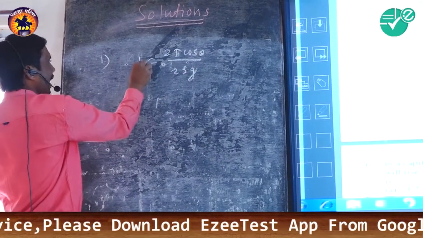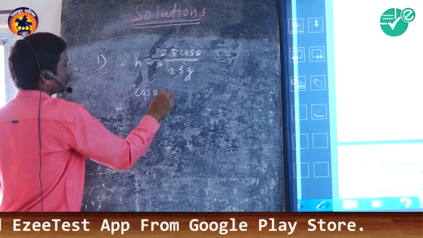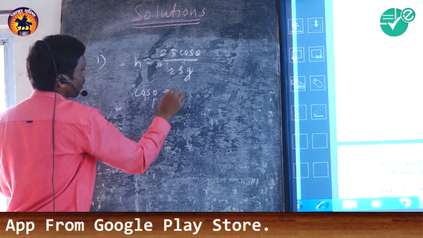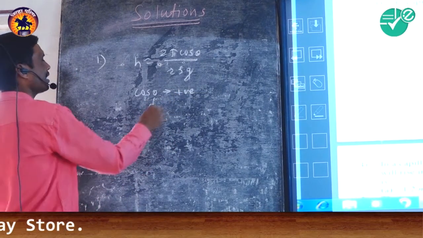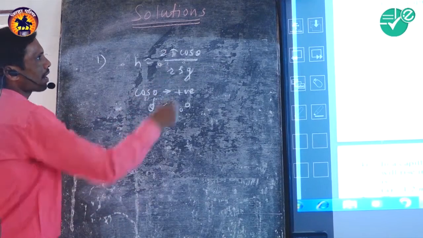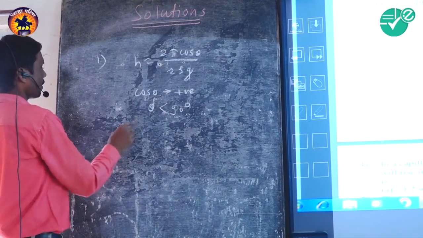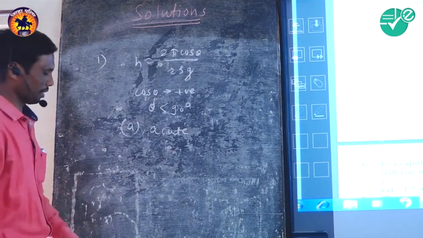Here this liquid rises, it means h is positive. It means cos theta is positive. And when cos theta is positive, it means theta is less than 90 degree. It means the angle of contact is acute, means option A is correct. It forms the acute angle.